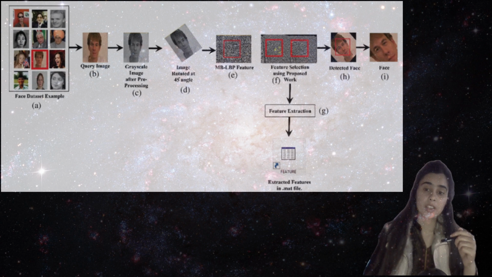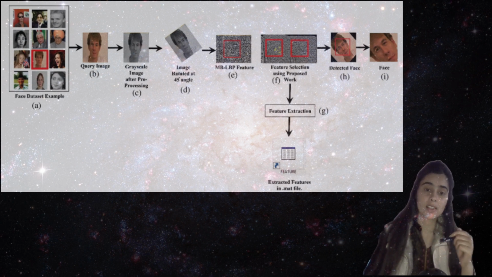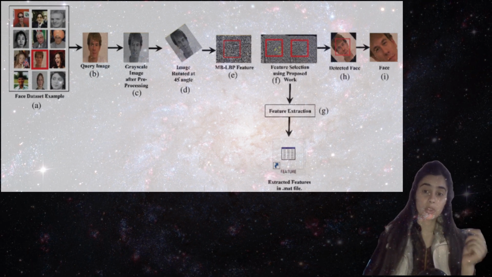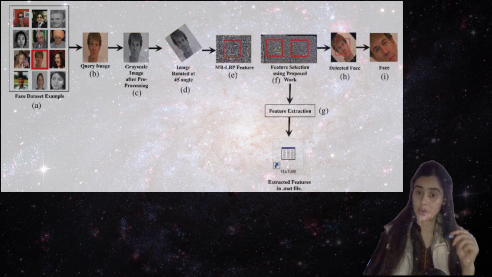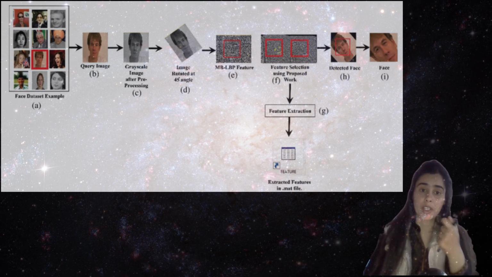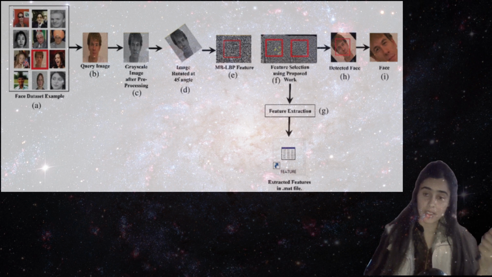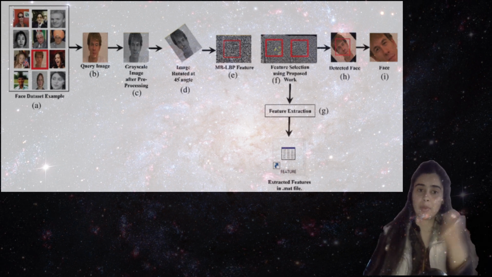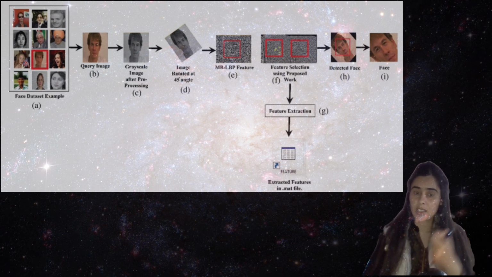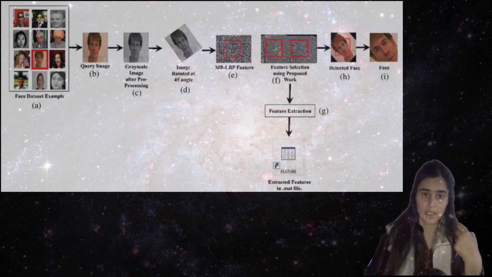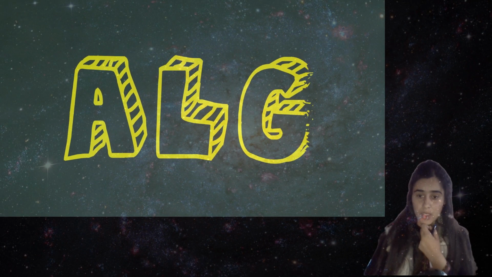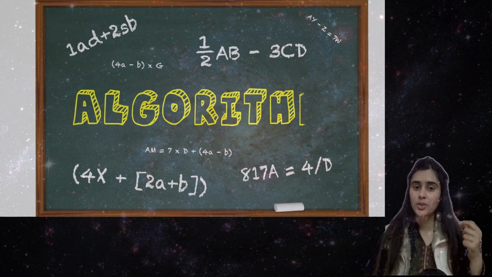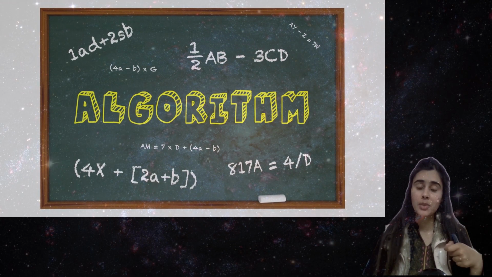First, we have a data set. Then we have to select the image from the data set. Then on the selected image, we have to perform the different image pre-processing operations, and we need code for that. Then we have to rotate the image at any angle. Then we will apply the algorithm here. During the literature survey, you will select the methods that you want to apply, which algorithm you will use.